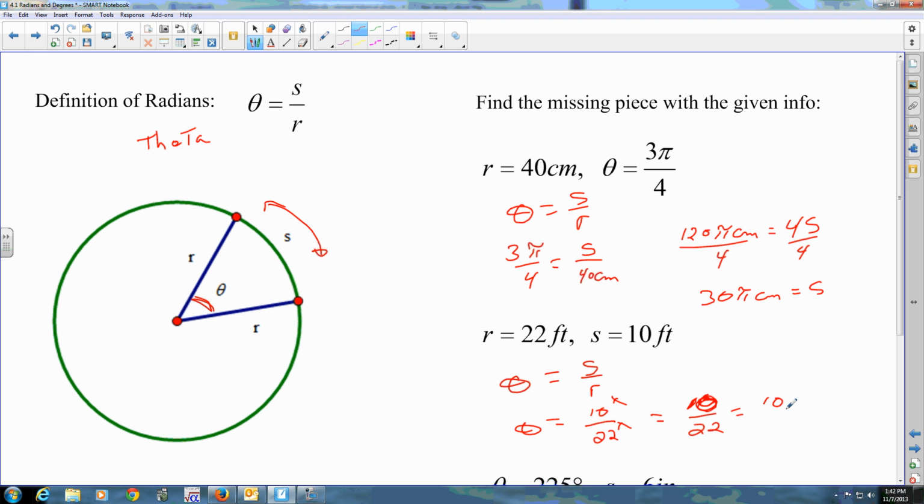Okay, besides that, the units canceled. Theta is unitless. There are no units. So that's what I was saying on the previous picture. If you labeled something as 45, that's 45 radians because it has no units. Radians are unitless because the units just canceled out.